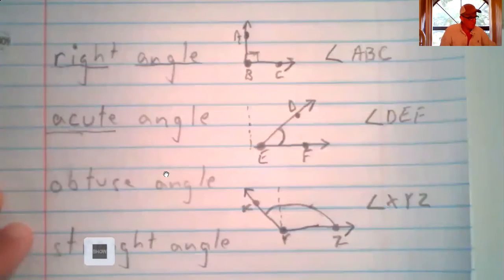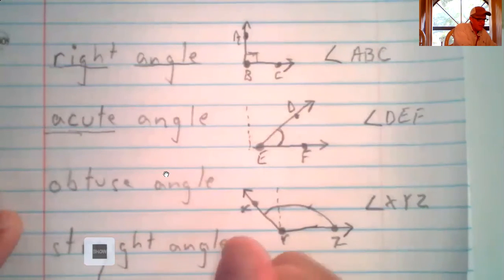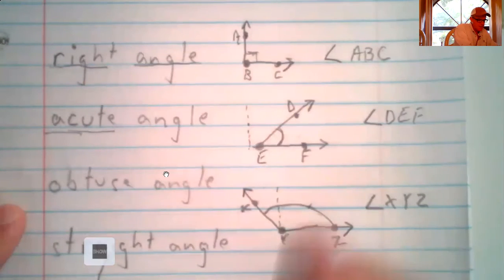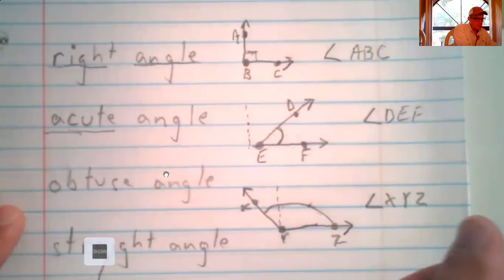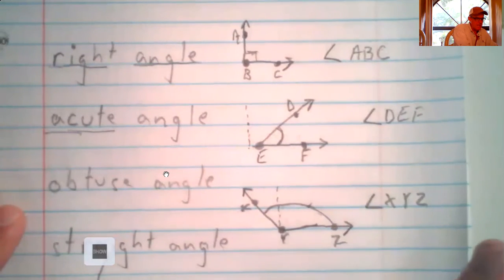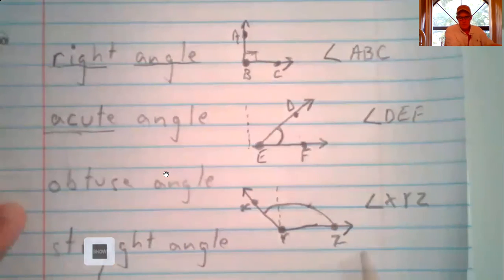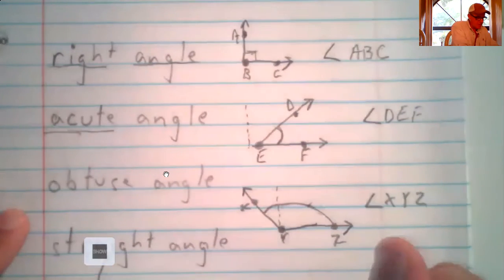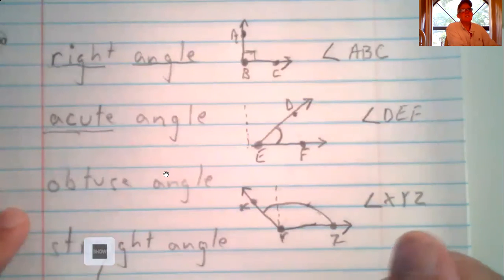Now, the last one that we're going to talk about, we're going to put a straight angle, and I'm going to use this line down here so we don't get too close to our obnoxious, obtuse angle. A straight angle, and I'm going to call this XYZ.